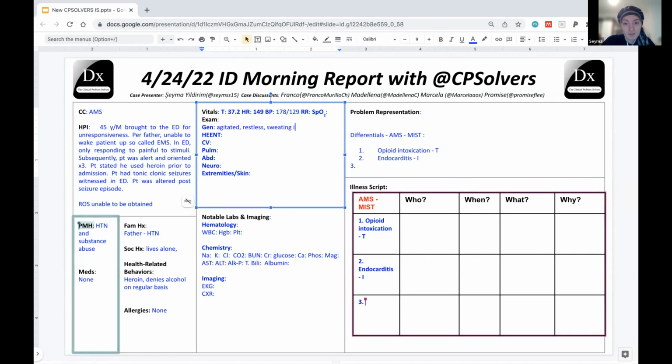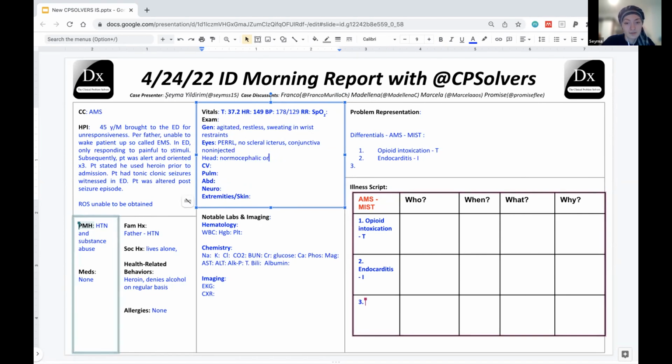The eyes, the pupils were equally reactive to light. There was no scleral icterus, and the conjunctiva were non-injected. Coming to the HEENT, he was normocephalic, the oral mucosa is dry, the neck is supple, there was no lymphadenopathy. And the respiratory, the lungs are clear to auscultation, but there was increased work of breathing using accessory muscles.